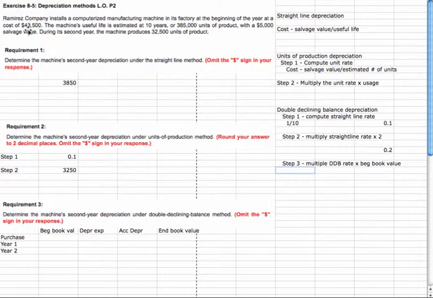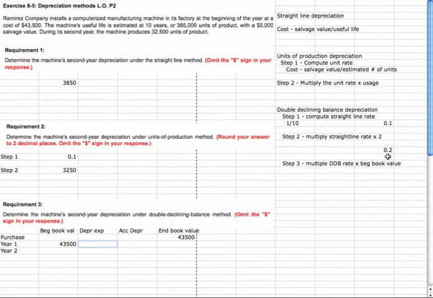If I know that my purchase price is $43,500, that's my ending book value, or my starting point. So let's put that right here. Okay? Now, the ending book value in 1 year is the beginning book value in the next year, so we're going to put the $43,500 there.